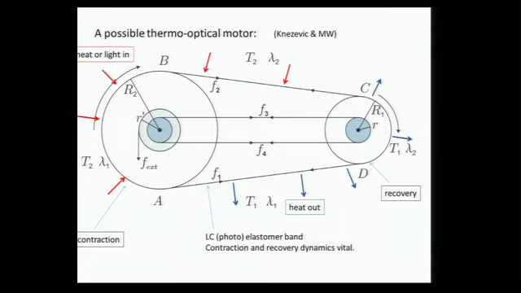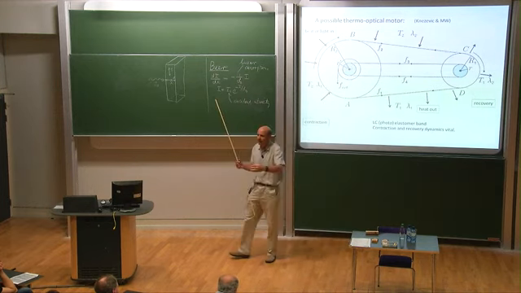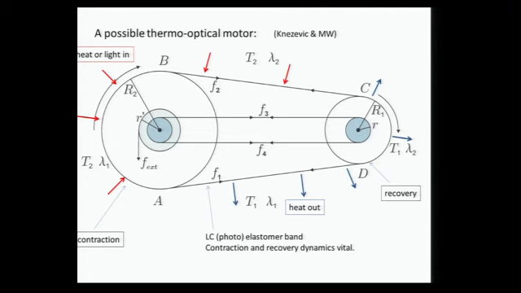The two wheels are constrained to turn at the same angular speed because there's an inextensible band connecting these inner radii. And we will take this band, and everywhere from here all the way around to here, where the red arrows are shown, we will either heat it or we will illuminate it to cause a contraction.